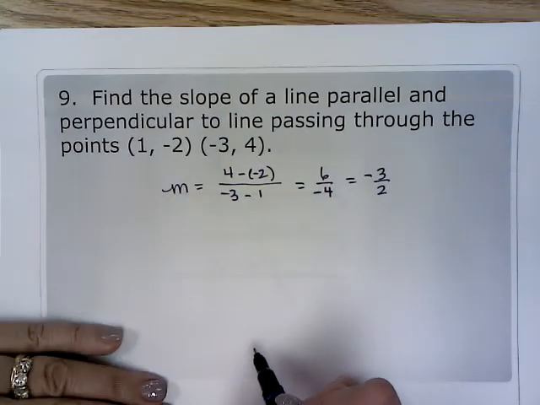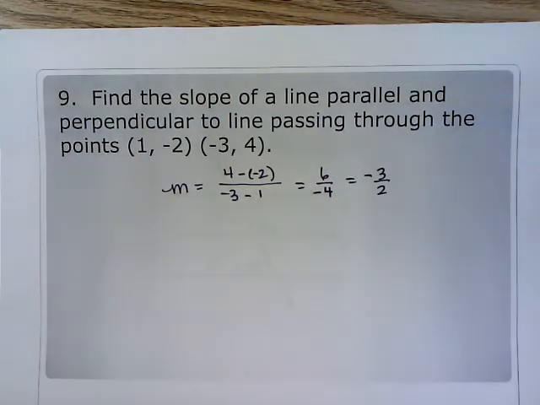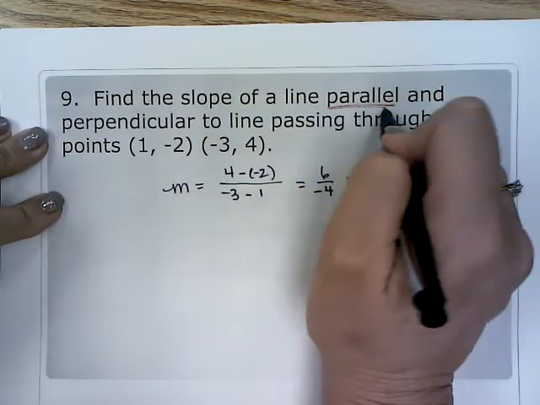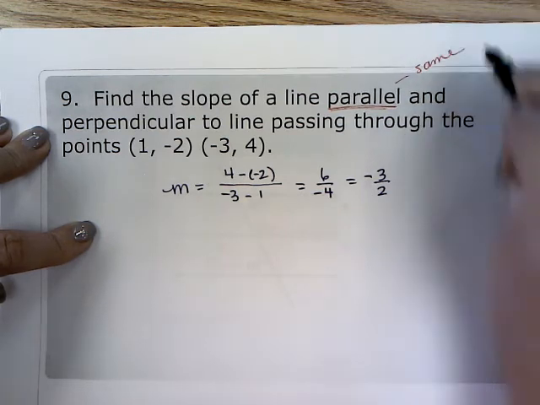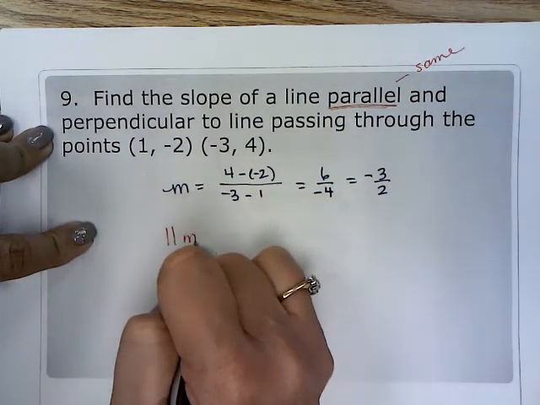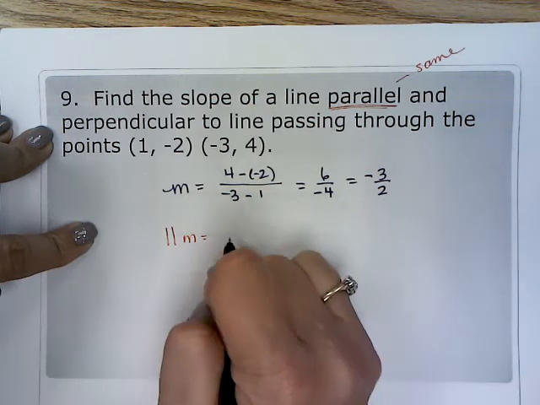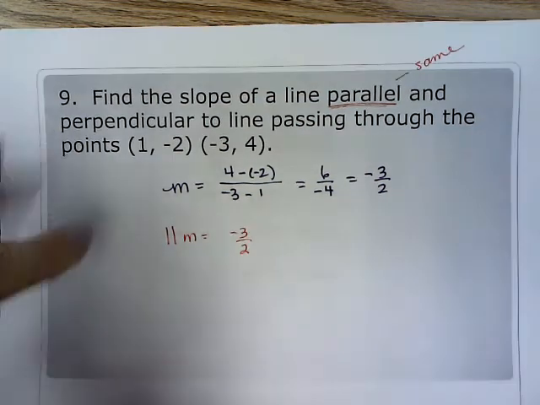So I have -3/2. So the first part of this question says, I want to find the slope of the line that is parallel. If the line is parallel, the slope is the same. So my parallel slope is the same as this slope, -3/2.